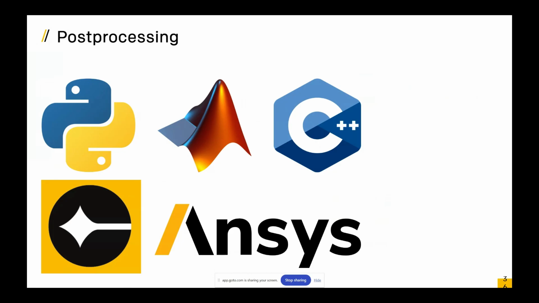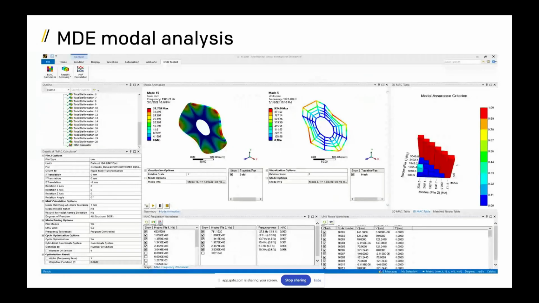We can use pretty much any software tool we can think of to do post-processing, because you get the raw data. One example of post-processing would be modal analysis, using a tool like ANSYS to compare the vibrational results to a simulation, and then in that way update models.